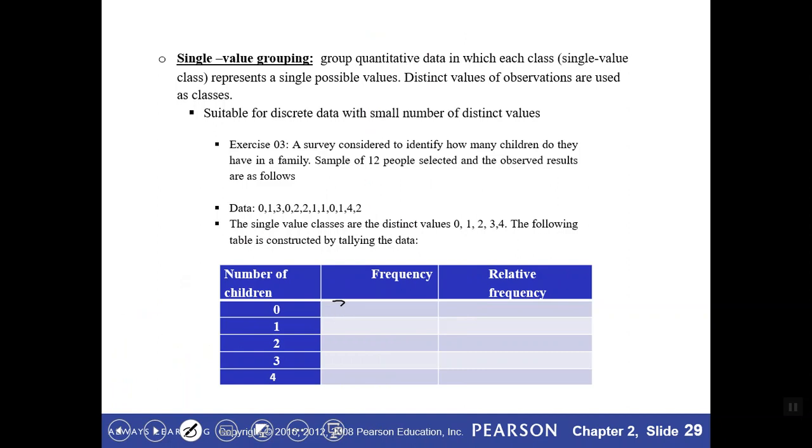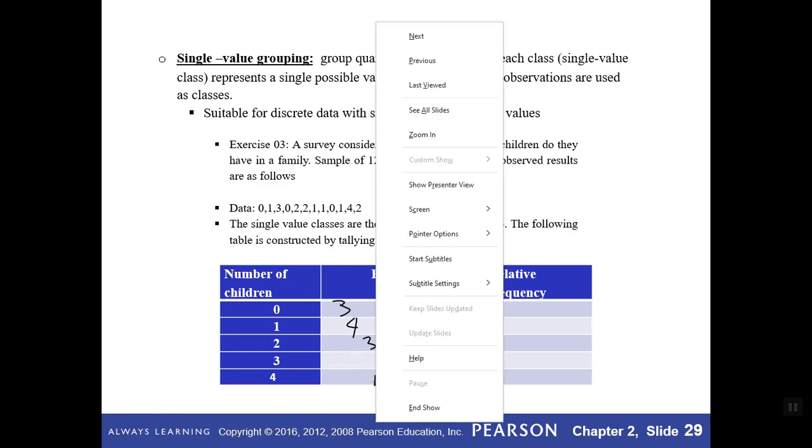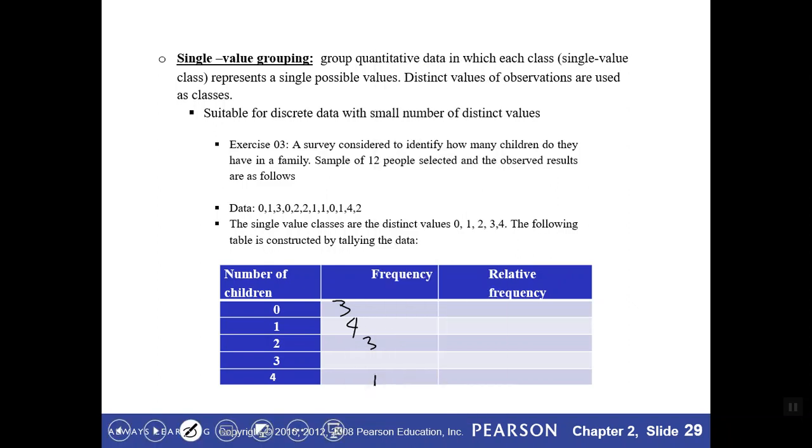How many ones? 1, 2, 3, 4, 4 ones. How many twos here? 1, 2, 3. How many fours? There is only 1 four. How many threes? Only one, right? So you can add these and check whether it equals 12. 7, 10, 11, 12, yes, it's equal to 12.